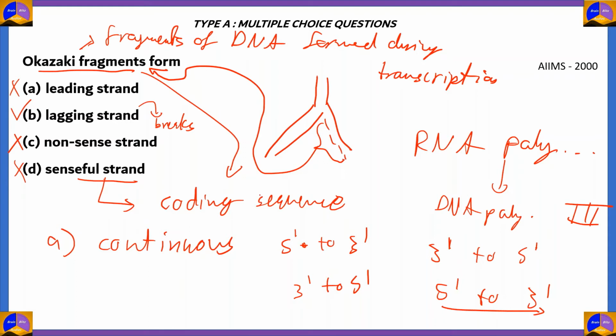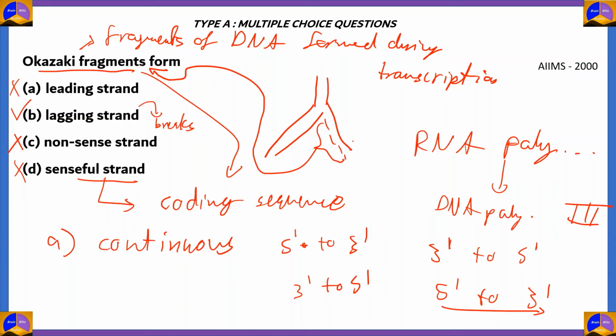And these breaks are known as Okazaki fragments. And that's why they form the lagging strand, because this strand now has to be processed by removing the RNA part of it, and then you have to join it and you have to process it, etc., etc. And that's why we form hnRNA at one part of transcription. It's because of the formation of Okazaki fragments.